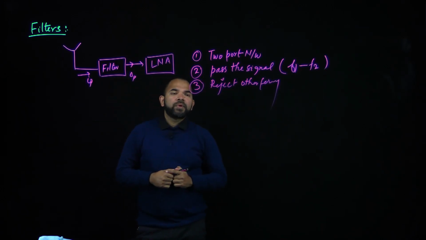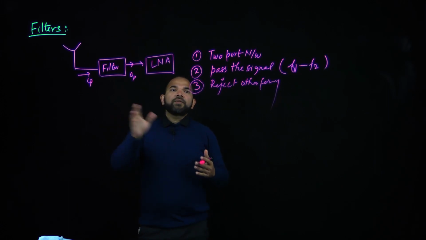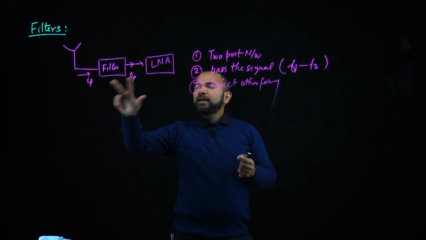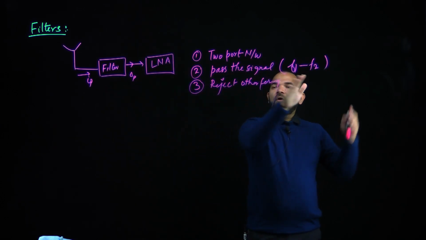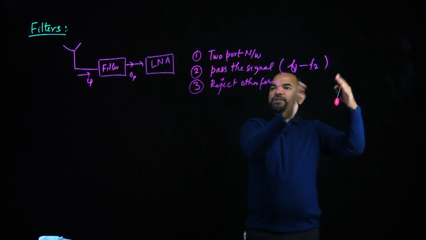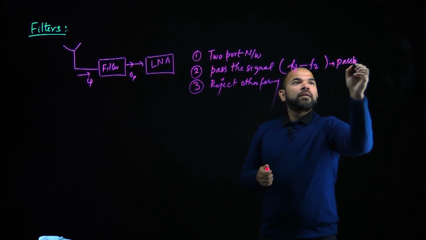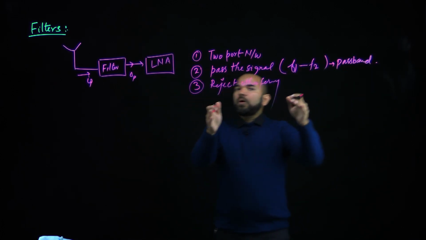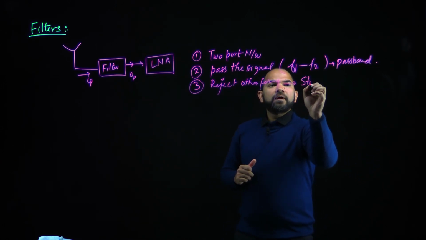Overall, if we want to define the filter, a filter is a two-port electrical network that passes the signal of the required frequency range, sometimes also known as the pass band, and rejects all other frequency bands, sometimes called the stop band.